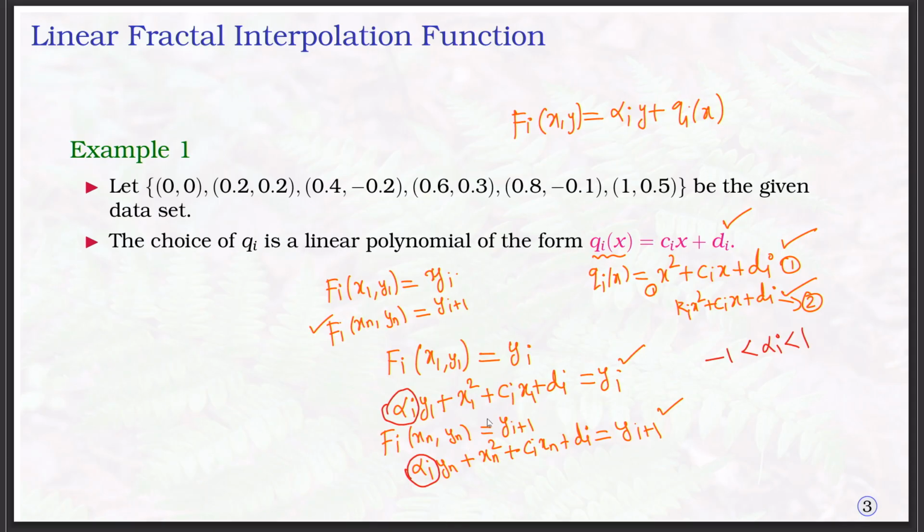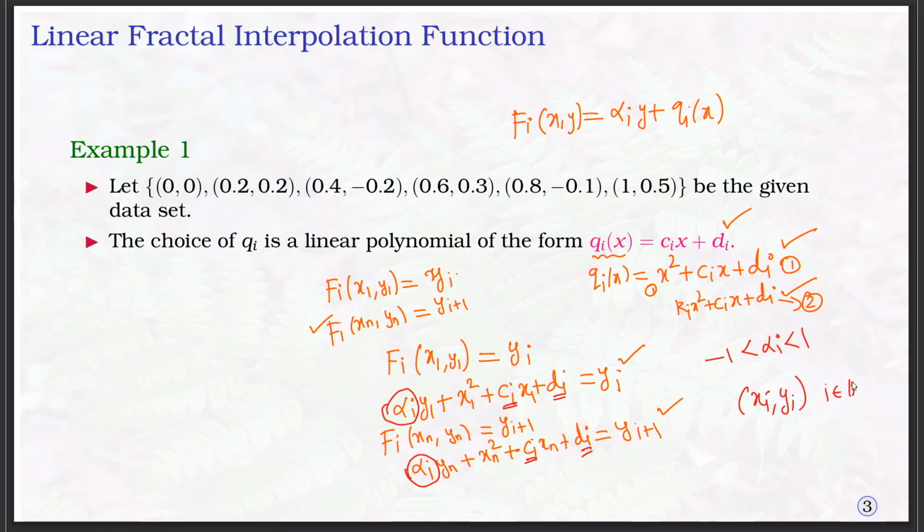If alpha is fixed, the remaining constants are ci and di, because x1, y1, xn and yi+1 are given in the data points for all i.